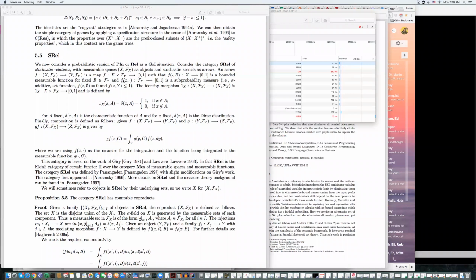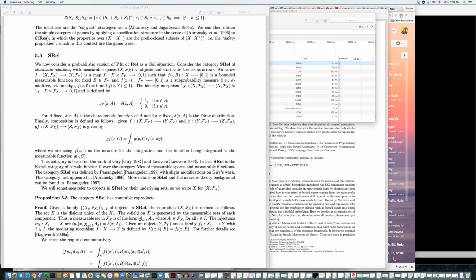Likewise, if you fix an X and then let it vary over the subsets of the sigma algebra in Y, then this is a sub-probability measure.